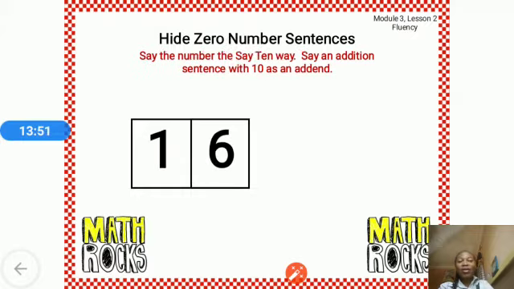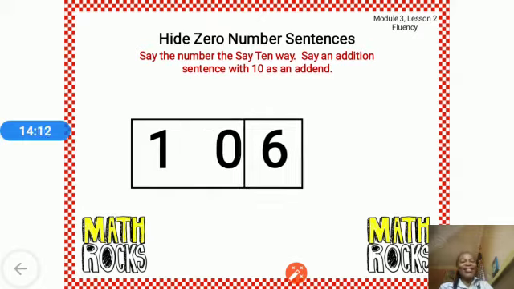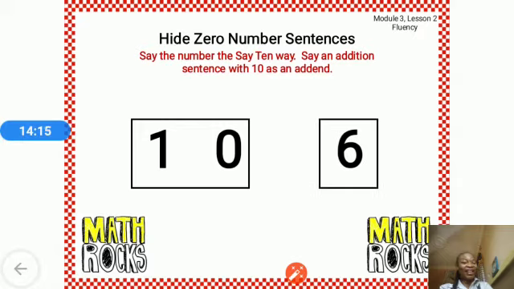Can you call this in a certain way? What did you say? Good. 10, 6. And 10, 6 is what? 16. Now, how many tens do we have in 16? 1. Yes. As you can see, we have 1 ten and 6 ones.